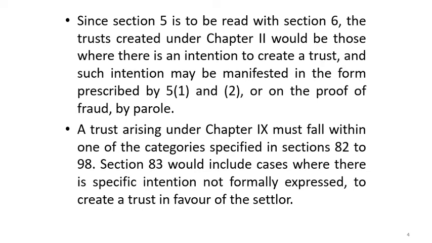Section 5. Since Section 5 is to be read with Section 6, trusts created under Chapter 2 would be those where there is an intention to create a trust. And such intention may be manifested in the form prescribed by Section 5.1 or Section 5.2, or on the proof of fraud by parole. That we have already studied in our express trust.